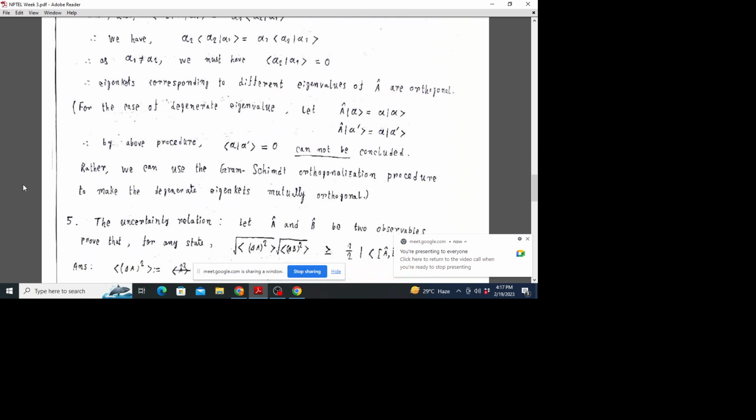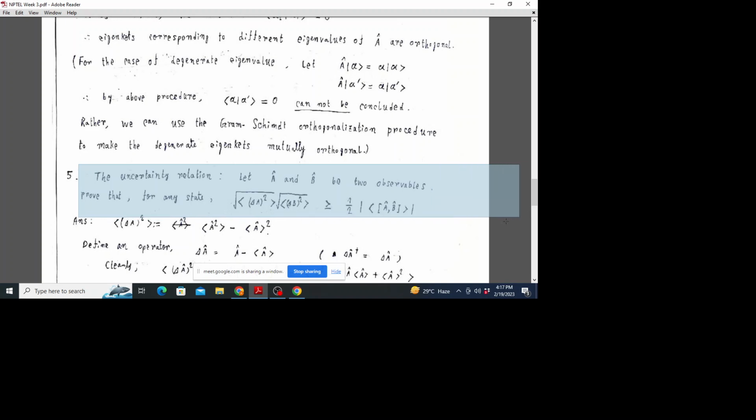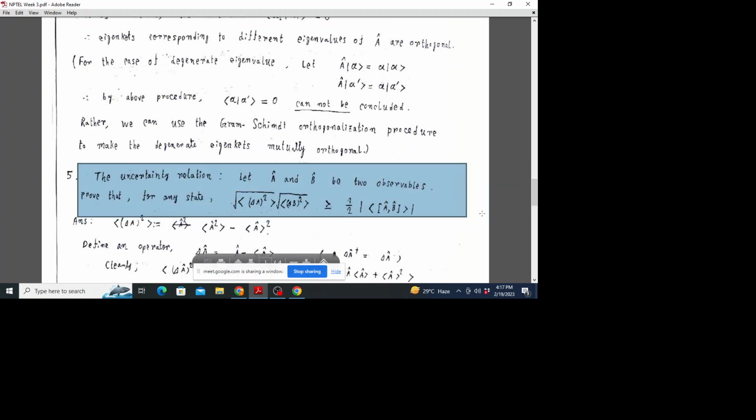And now the final problem of this session. This is the uncertainty relation. We know the Heisenberg uncertainty relation for momentum and position, but the uncertainty relation is much more general than that, and the statement is this.